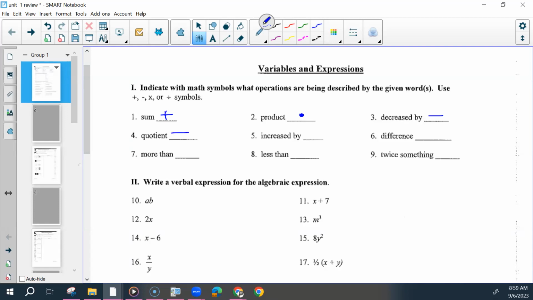Division, so I'm going to put the division sign, but remember when we write it, we would have to use it. Increase by. Addition. Difference. Subtraction. More than. Addition. Less than. Subtract, and twice something.